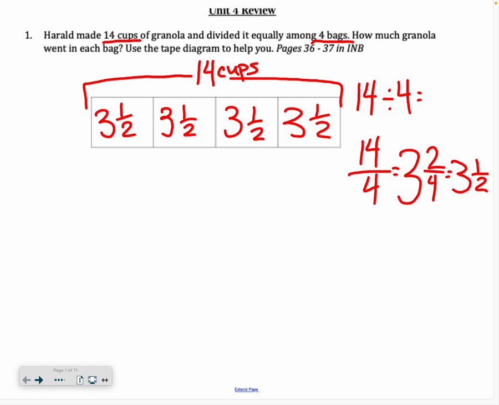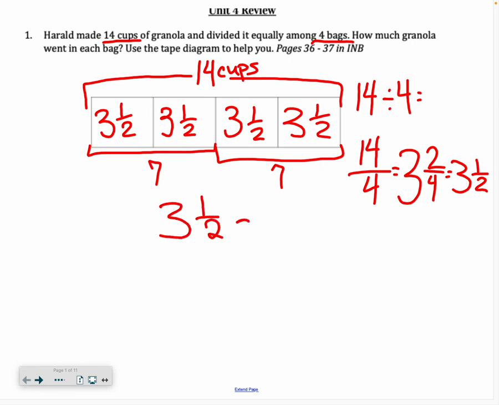So if I look at 3 1/2, 3 1/2, just 2 of them, that's 7, right? So if we have 2 groups of 7, that verifies that the 3 1/2 answer is correct. So 3 1/2 cups. And put a circle around it so we know what our final answer is.